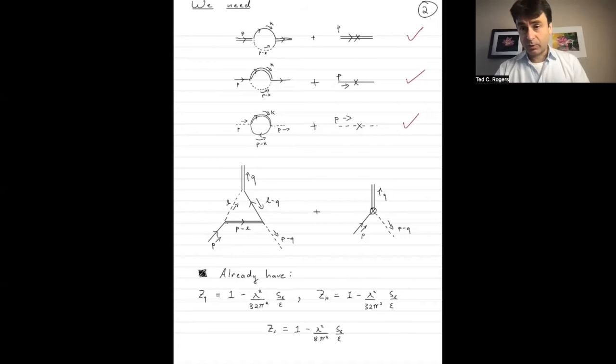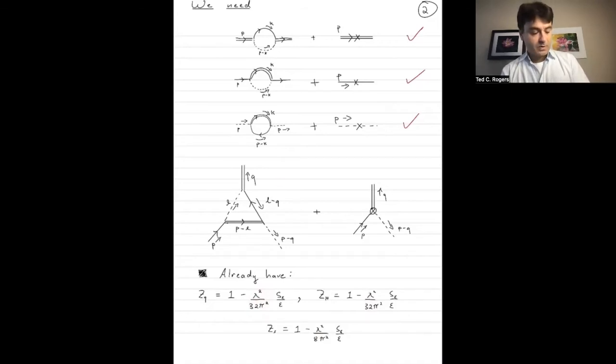And I urge you, if you don't remember how to get these, to repeat the calculation of these graphs to figure out what these are. It shouldn't be surprising what they look like. The details of whether the overall factor is 1 over 32 or 1 over 8 you might have to check, but this should involve S epsilon over epsilon, and it should involve lambda squared.